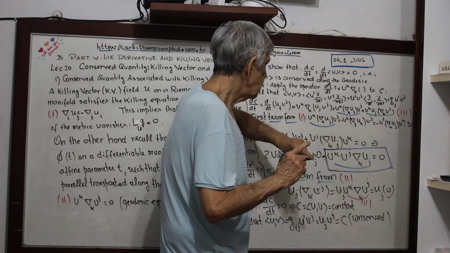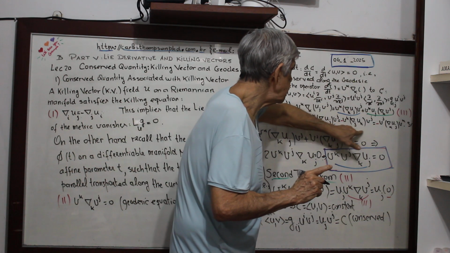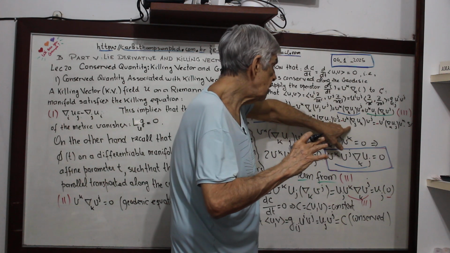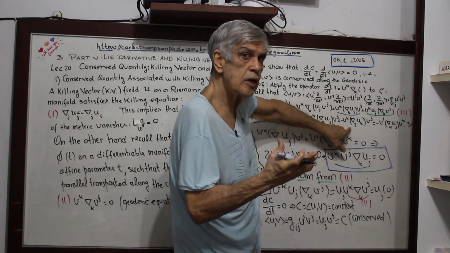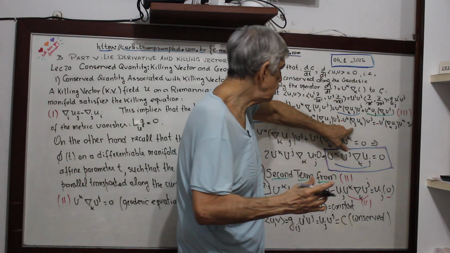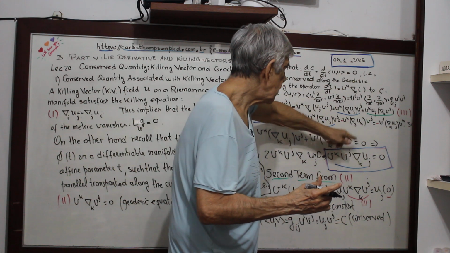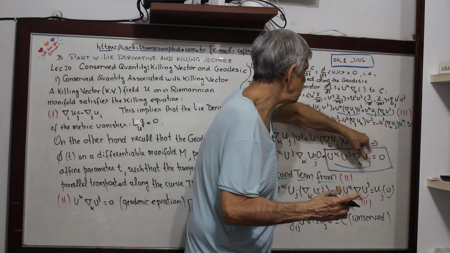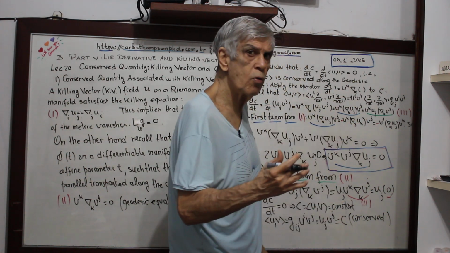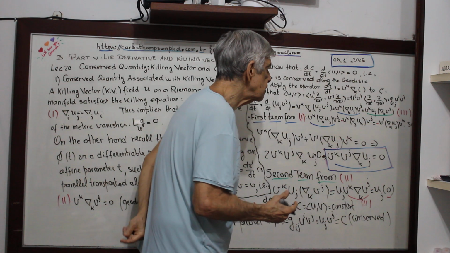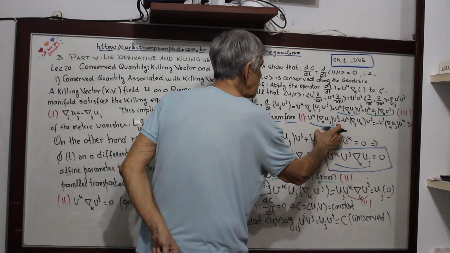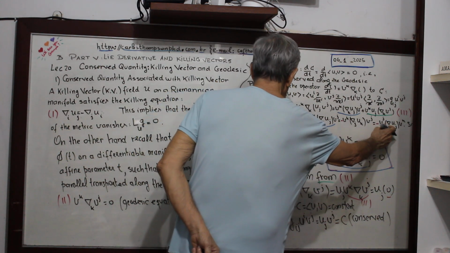That's important because I can swap J and K, since K is a dummy index and J is a dummy index. So the blue term is equal to minus this term.